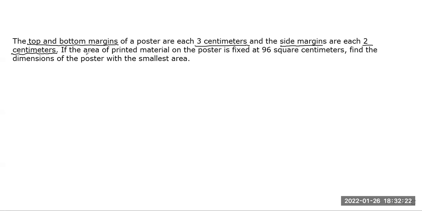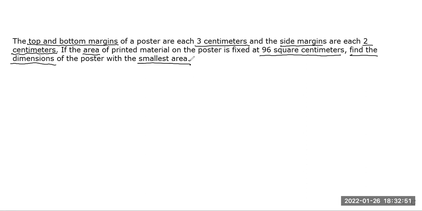Now the area of the printed material on the poster is 96 square centimeters. We want to find the dimensions of the poster with the smallest area. So what we want to do is find dimensions. And what we want to do is minimize the area of the poster.